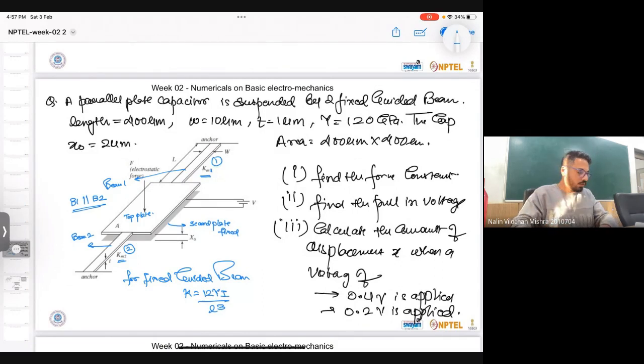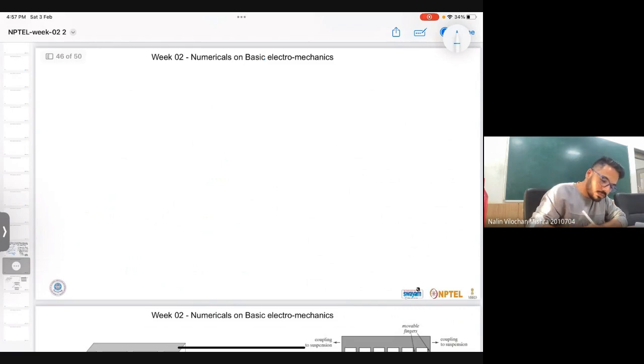So, in this question, what you need to do first? First, you need to calculate the coefficients. So, as I said earlier, it's a fixed beam. So, the coefficient will be 12 EI by L cube, and it is coming out to be 0.01875 Newton per meter.